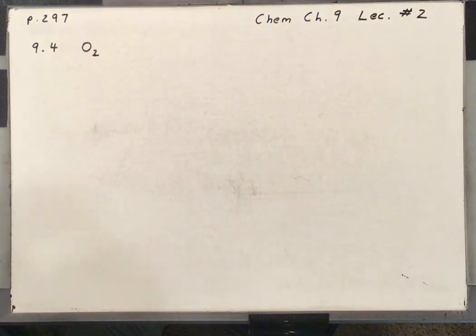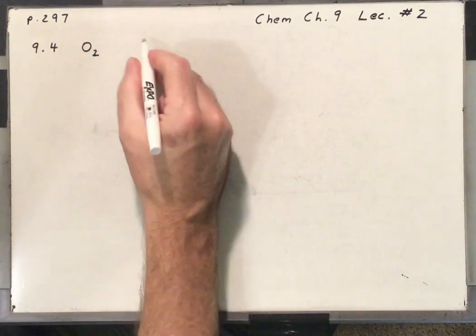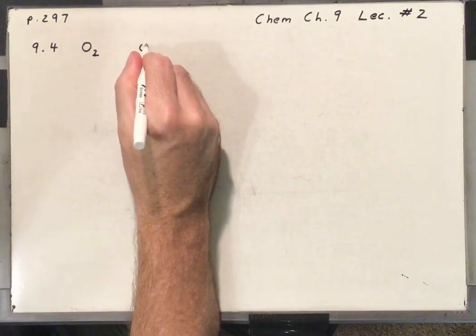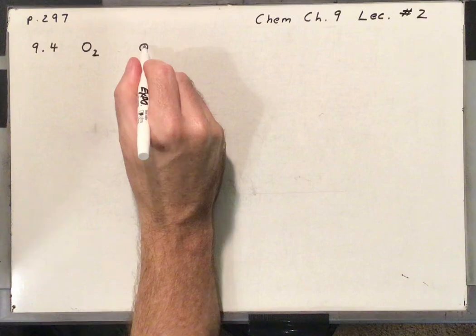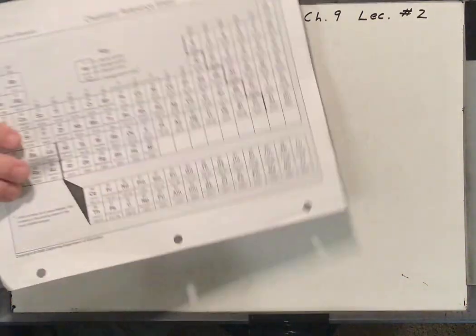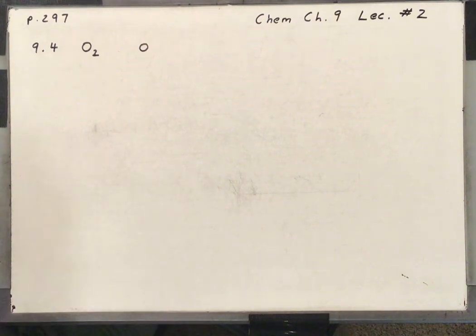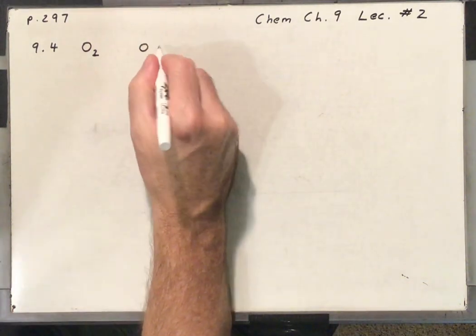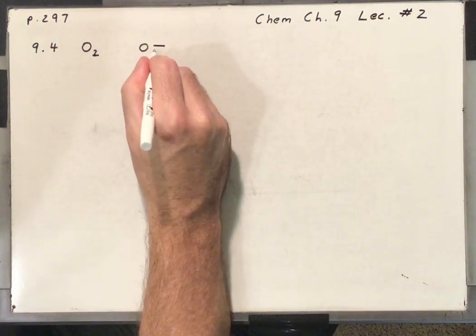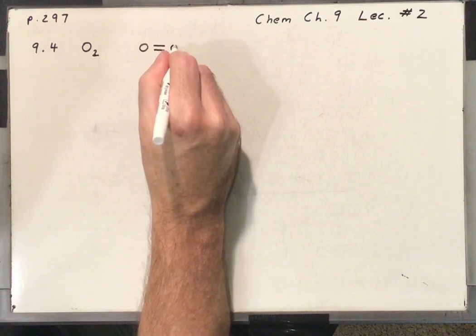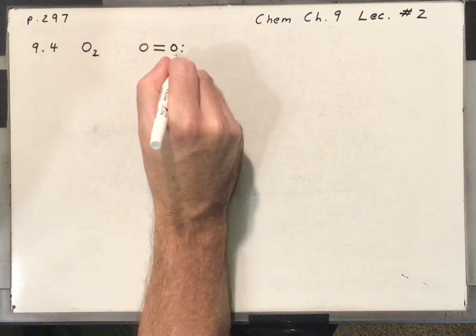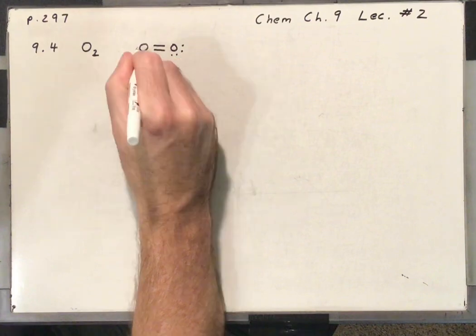All right, so we're going to start with the on-your-own problems and draw these molecular shapes. Our first one is O2. Of course, each oxygen in column 6 has 6 valence electrons. We have drawn this several times, but you have a double bond with oxygen.